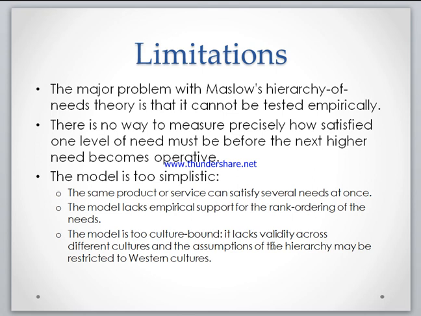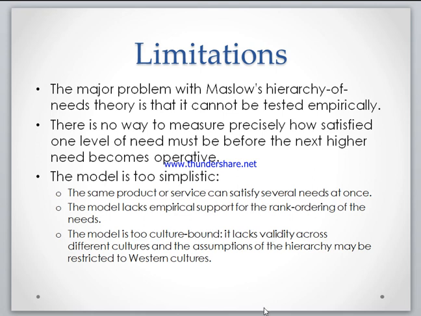And the countries which score high on nurturing characteristics, such as Denmark, Sweden, Norway, and the Netherlands, their social needs will be at the top. And what will motivate them more is group work, right? So the model lacks empirical support.